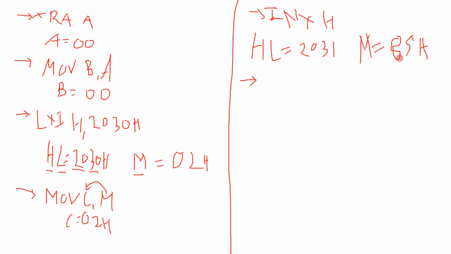Now I want to add this 85 two times. I have to add this 85 two times to get the result, to multiply 85 into 2. So I will use ADD instruction.